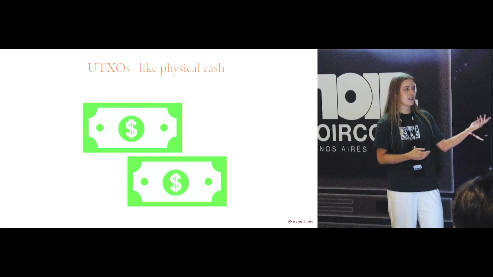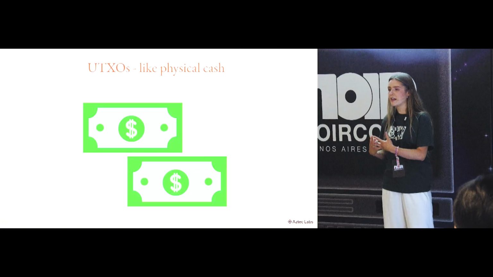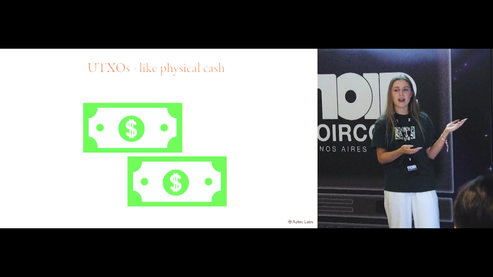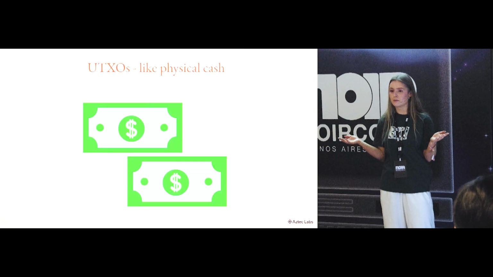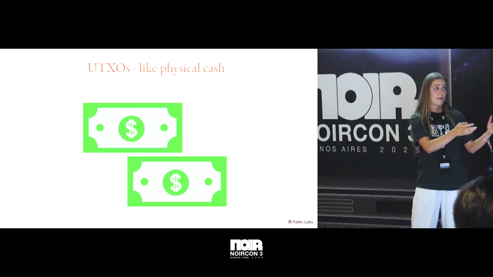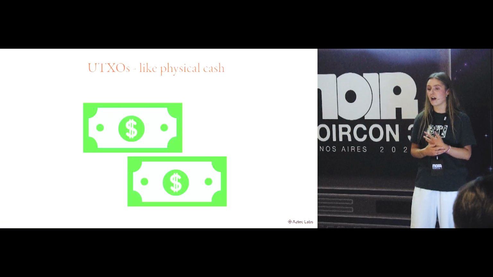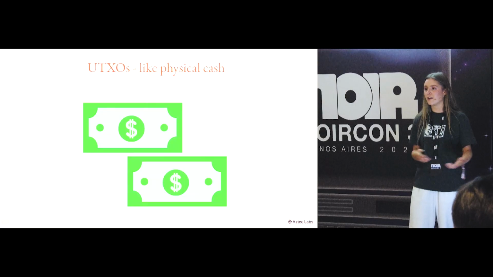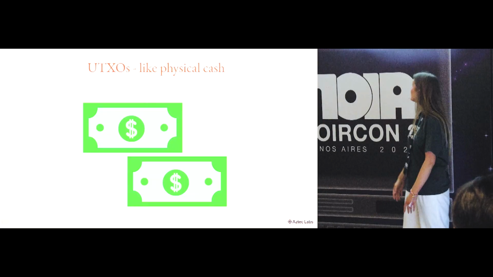So let's say I had a $20 banknote, and I also have a $10 banknote. I want to pay Pala $25. I would have to give him both of my banknotes, and then Pala would have to give me 5 back. So then the value transfer is 25, and that's pretty much it.